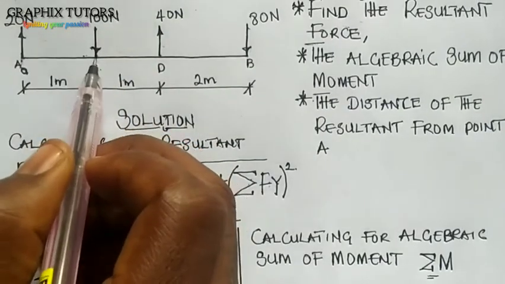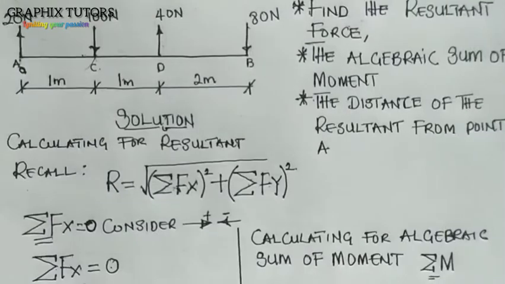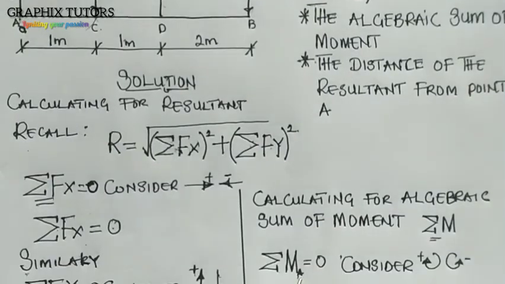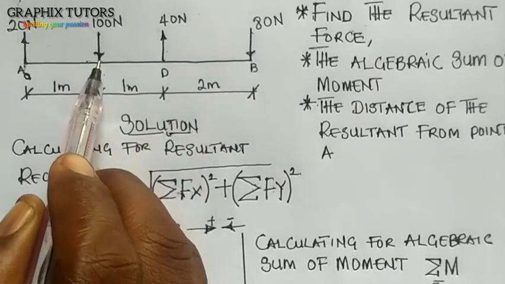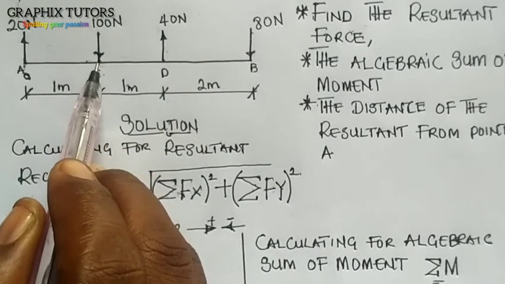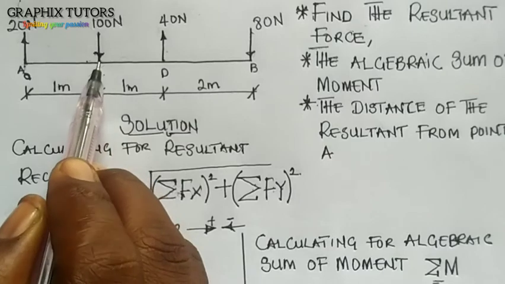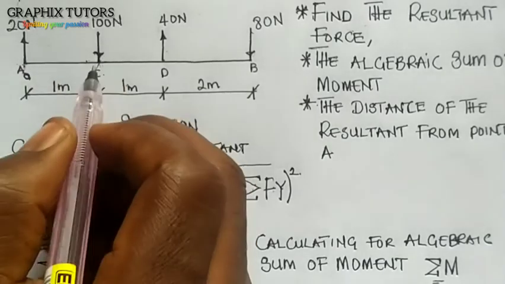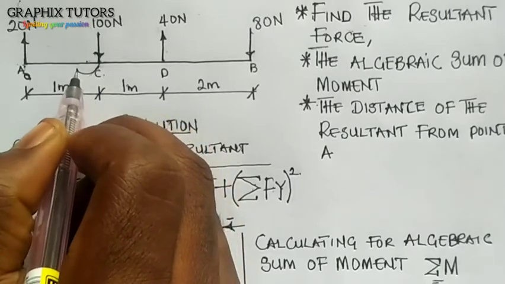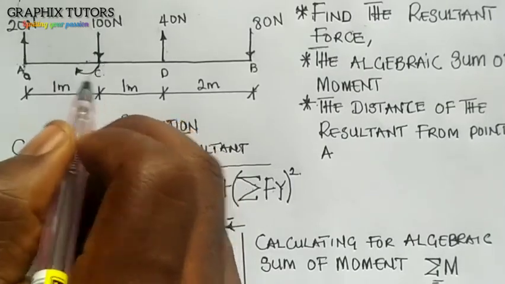Because it's facing downward, it will be going towards point A. So anytime I'm doing this, we're going towards point A. So 100 is the force times the distance, that is the distance between the force at this point to there. So what is the distance? Distance is 1. So it's coming this way. Look, it's going in this direction, and that is clockwise.